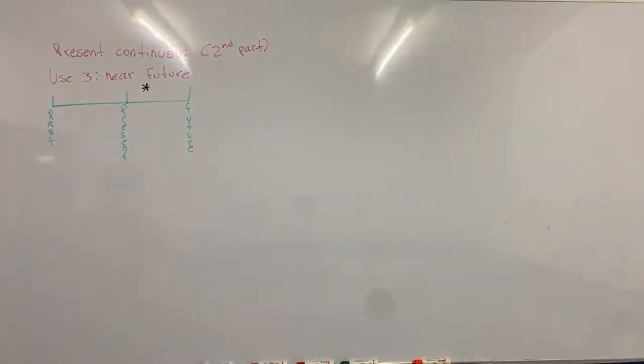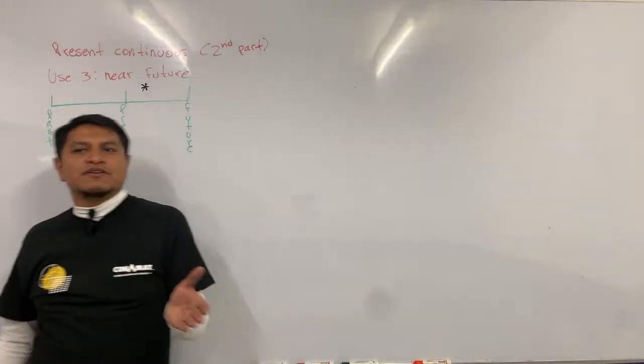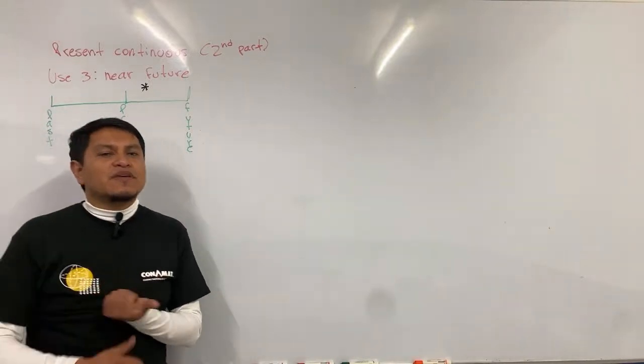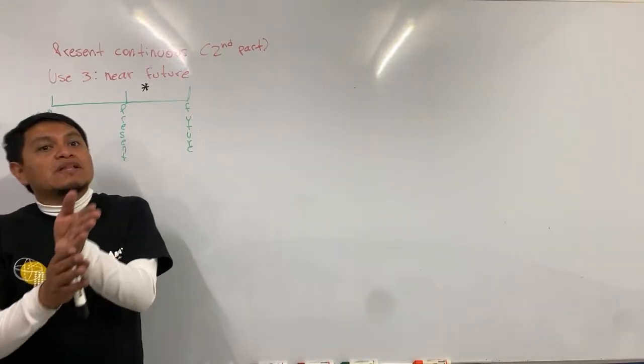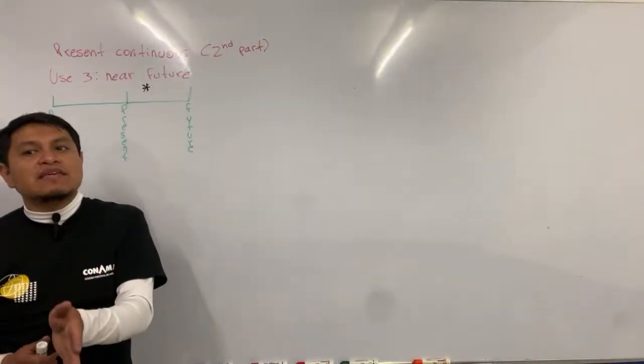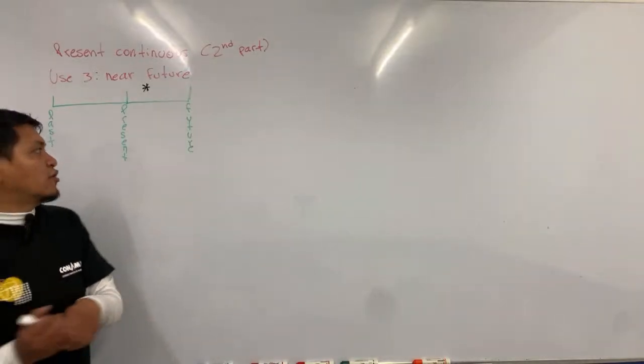Okay? Near future. Now, check this structure and examples. Sometimes speakers use the present continuous to indicate that something will or will not happen in the near future. For example, I'm meeting some friends afterwards.